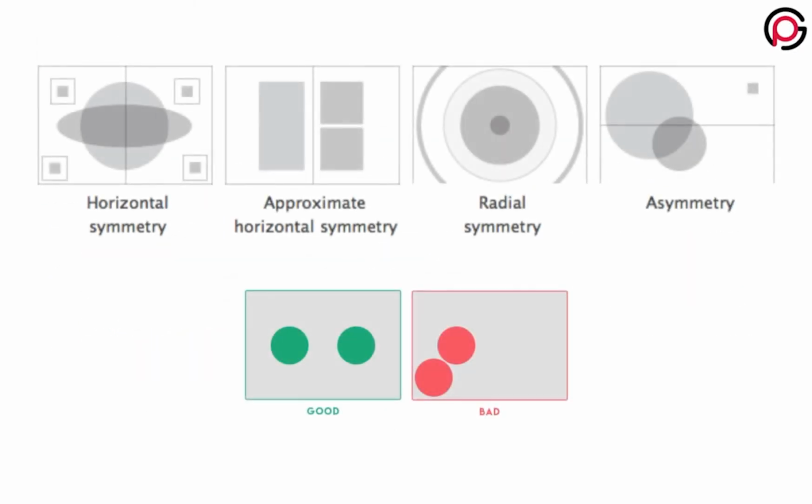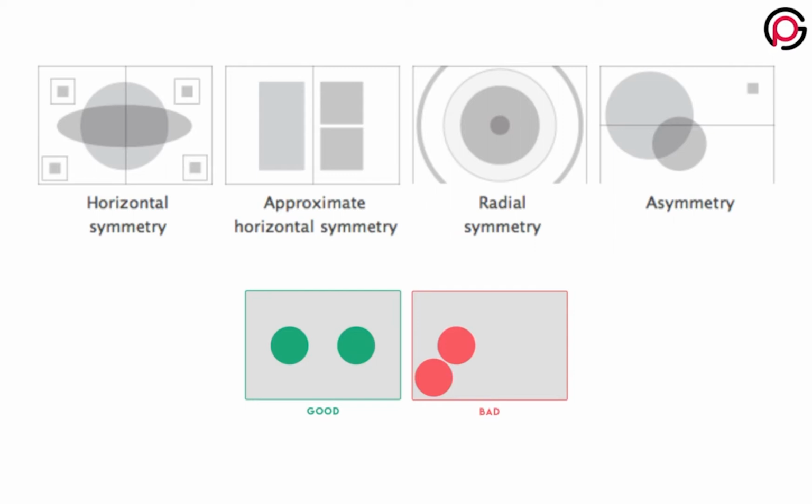Now coming to these figures, you will get a clear idea after seeing them. As I have told you earlier, balance is of three types: asymmetry balance, symmetry balance and radial balance. You can see the first figure is the horizontal symmetry balance. The elements used in it are equal on both sides, approximately the same.